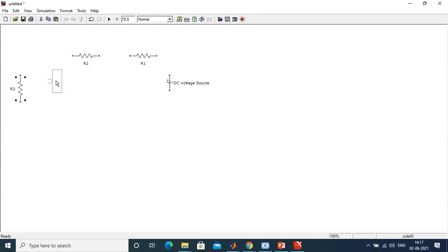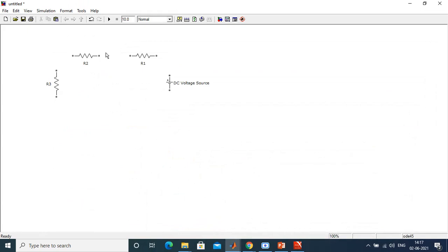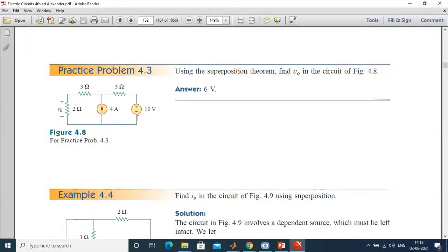Now I need to connect it. This is case 1, so there is no need to connect the current source. I will connect all the elements. What is the voltage source? 10 volts, and the resistors are 5, 3, 2.